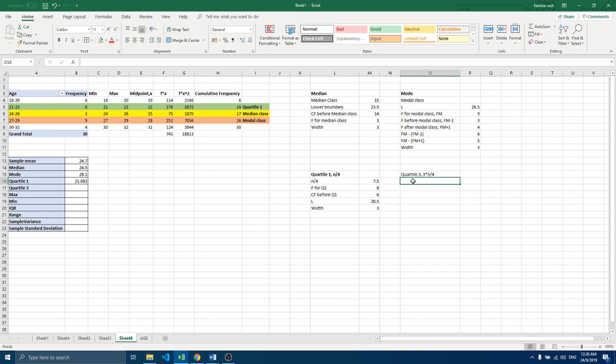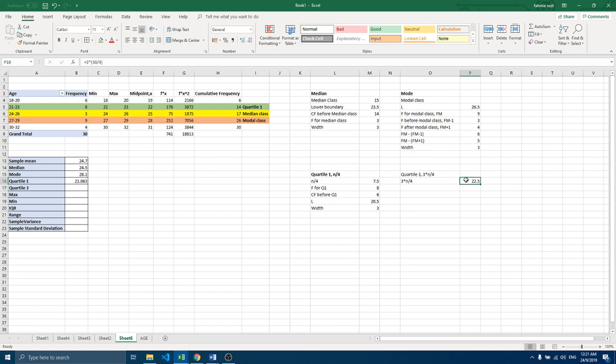What is the value of 3 multiplied with n divided by 4? It's equal to 3 multiplied with 30 divided by 4. It's equal to 22.5.